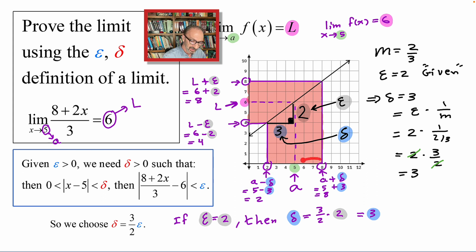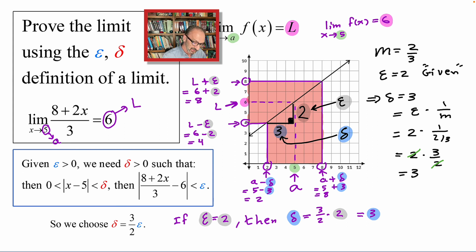And that is clearly delta to the right, delta to the left, adding delta and subtracting delta. So delta is 3. What do you think? That is clear. And if you notice right here, that's what we came up with. Delta is 3 over 2 epsilon.